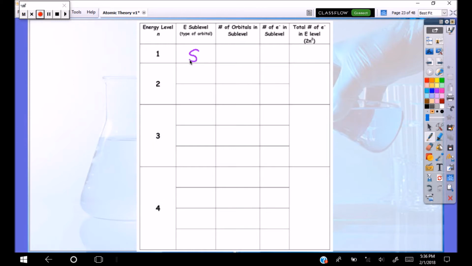Now, if you remember looking at the boxes, if you had the 1s, you thought about the boxes, and everything's at a different energy, right? You've got 2s and 2p. Well, when I ask the number of orbitals in the sublevel, I'm talking about the number of boxes here. Each box is an orbital.